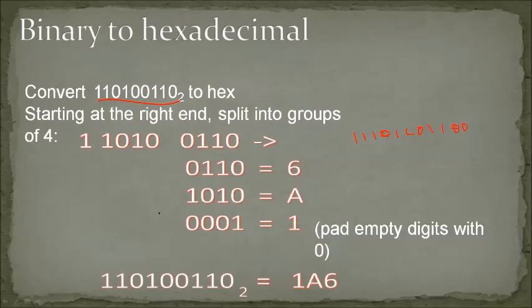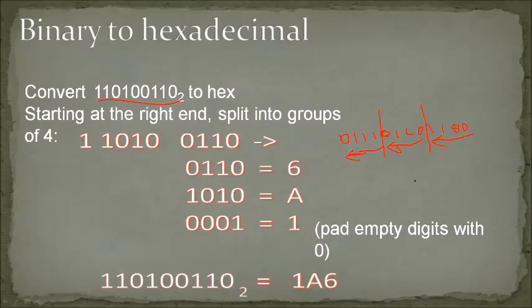In case you have this kind of value, first you have to make groups in order. First split 4 bits, then the next 4 bits. And then next you have only 3 bits, so you should add 0 in the beginning and make this 4 bits.